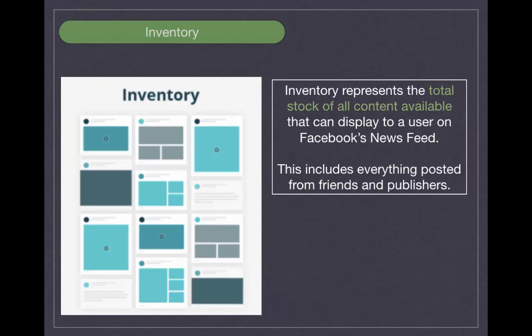All these kinds of content competing to be on my timeline is called inventory. This is also one of the very important factors, the total number of inventories supposed to be displayed on a particular person's news feed.